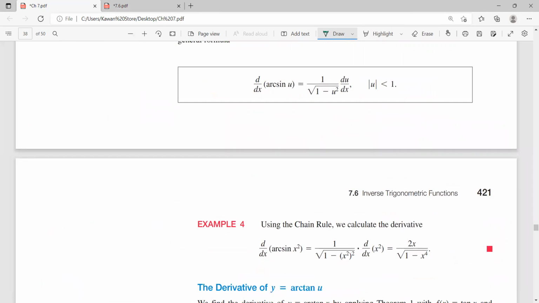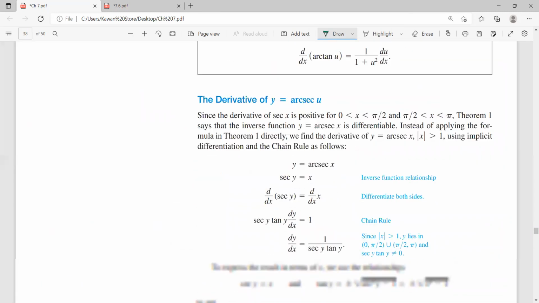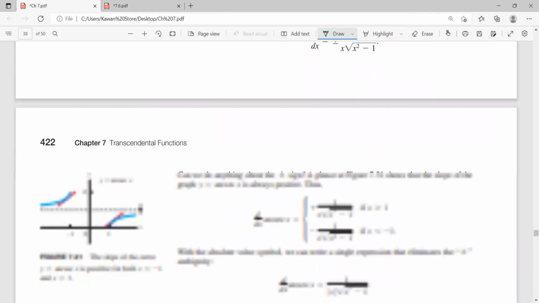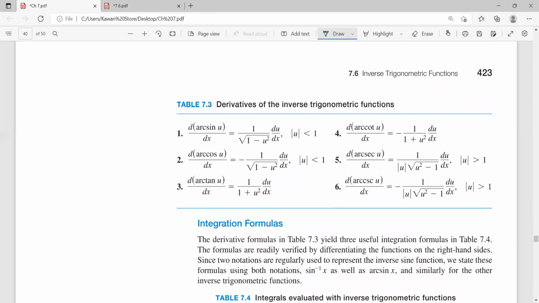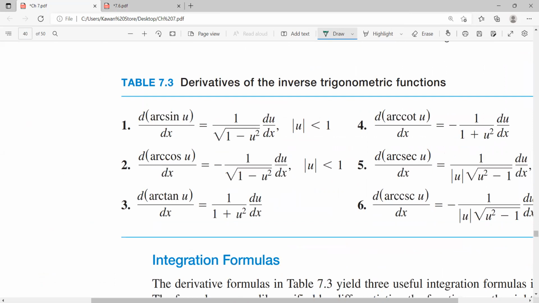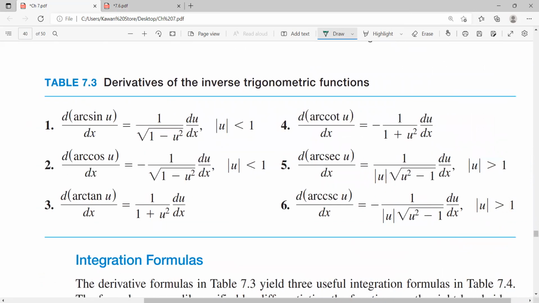Actually, I want to just give you the table. This is very important. Today we are going to use this table 7.3, because maybe in 7.4 we have the anti-derivative of that one, because we have an integral.